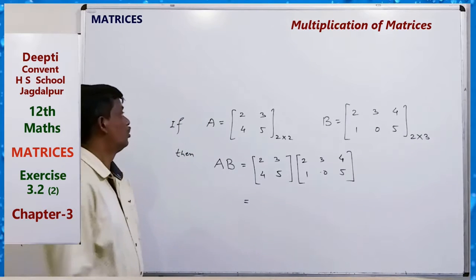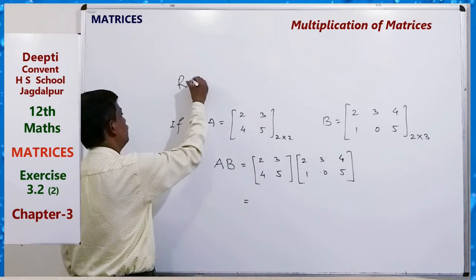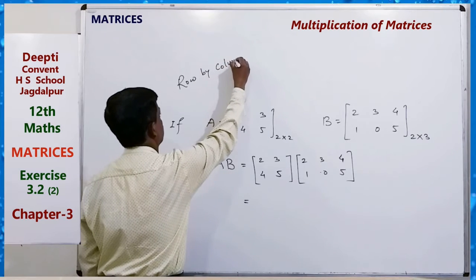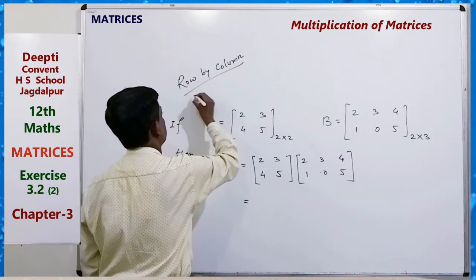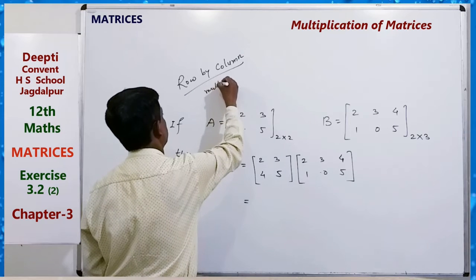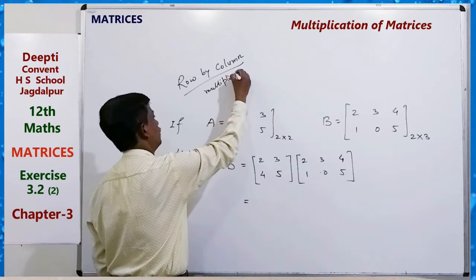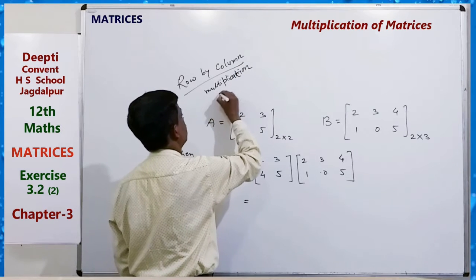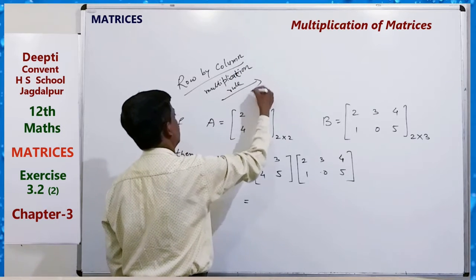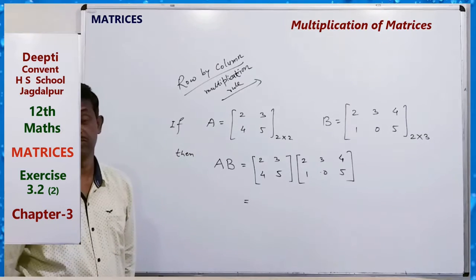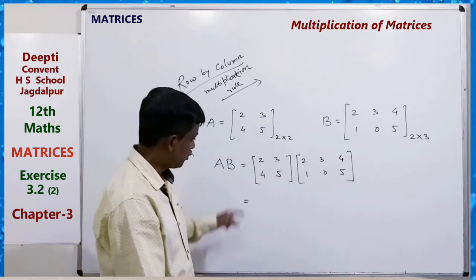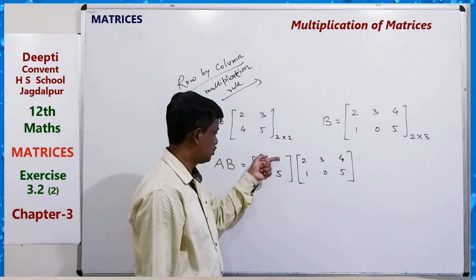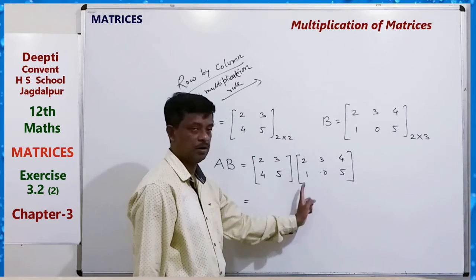The multiplication rule is row by column. Row by column means from the first matrix there's a row, and from the second a column. So this row with this column, this row with this column.